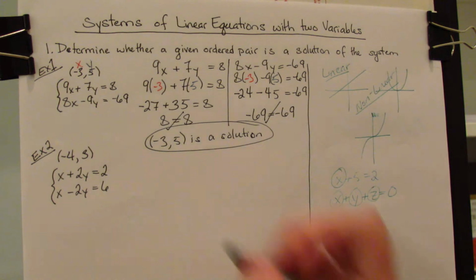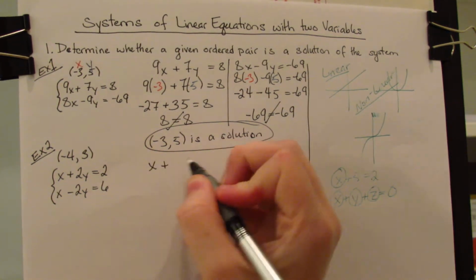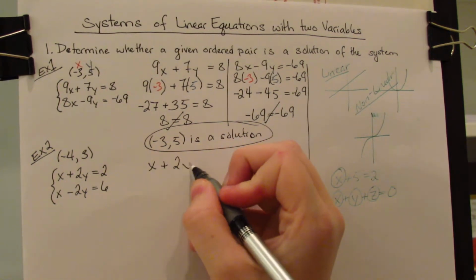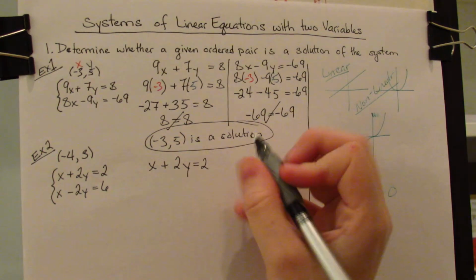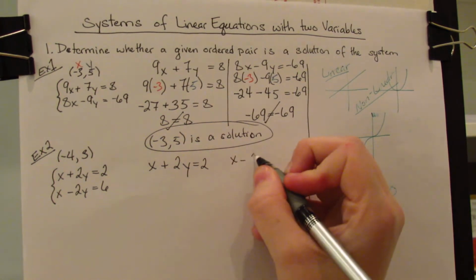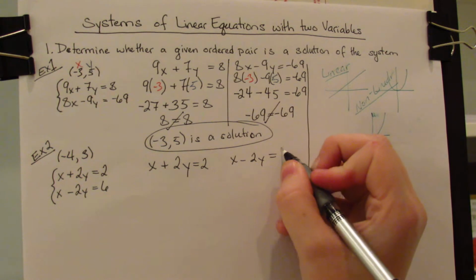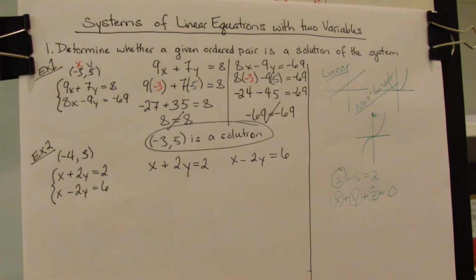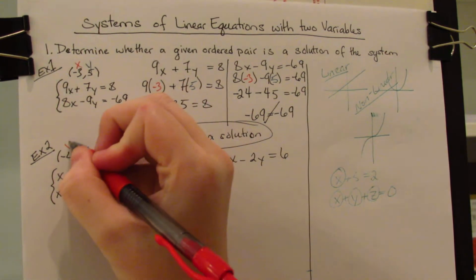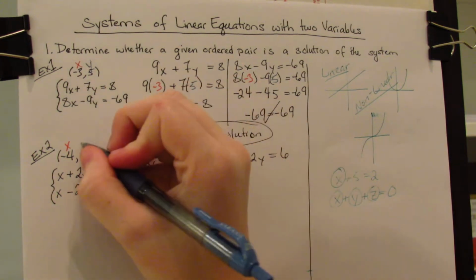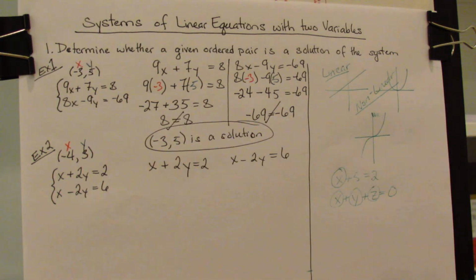Now let's look at this second one. We have our equations x plus 2y equals 2, and x minus 2y equals 6. And again, we have our given x and our given y coordinate of our ordered pair.